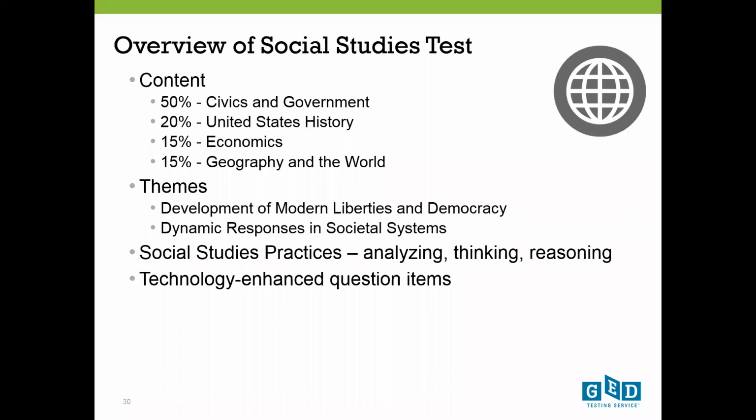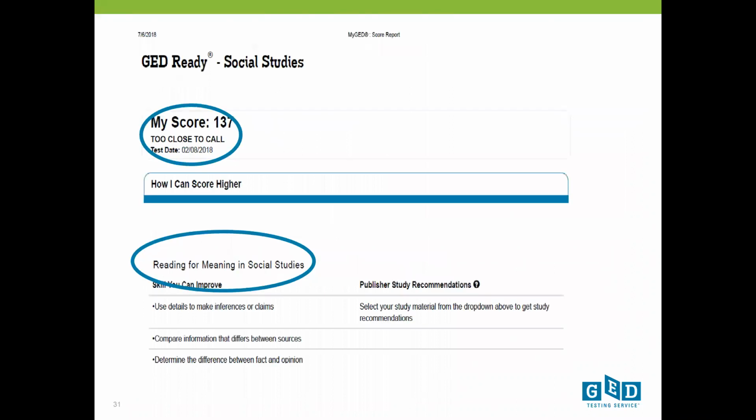And the social studies practices, not unlike reasoning through language arts, are analyzing, thinking, reasoning. And we make the same use of technology-enhanced items. In this case, the score was a 137. It was another yellow zone, too close to call.